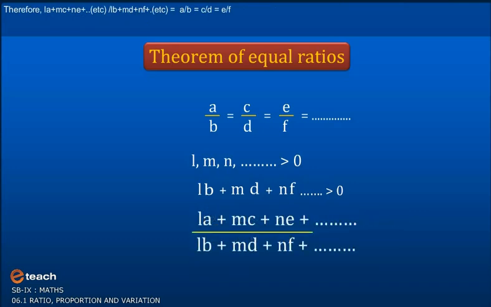Therefore, LA plus MC plus NE plus etc. by LB plus MD plus NF plus etc. is equal to A by B is equal to C by D is equal to E by F.